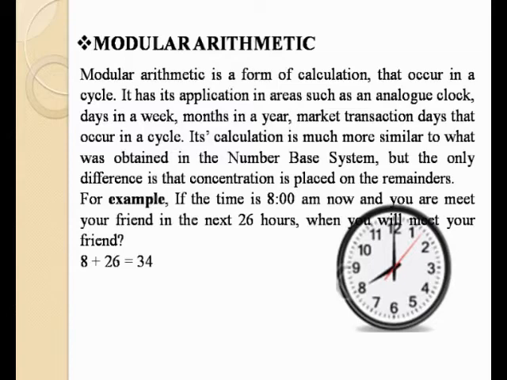Its calculation is much more similar to what was obtained in the number-based system. But the only difference is that concentration is placed on the remainder. That is, it's only the remainder that is much more important to us.